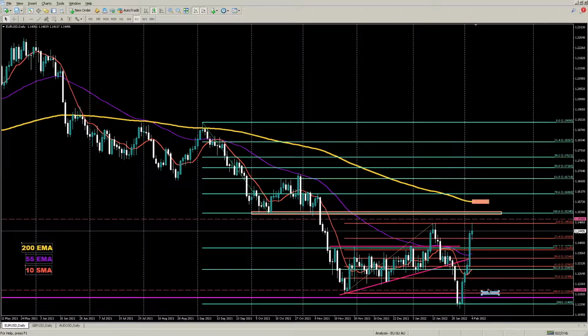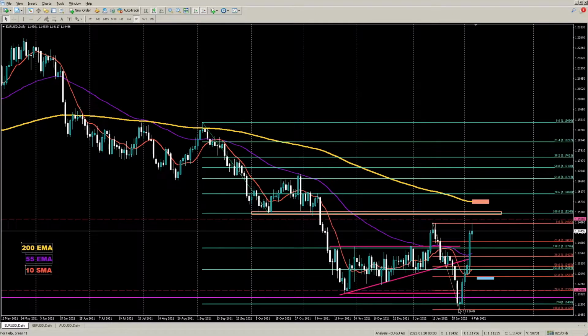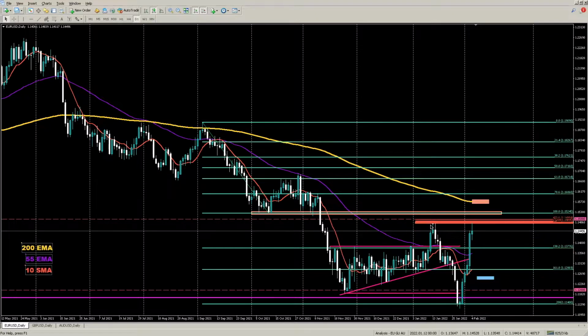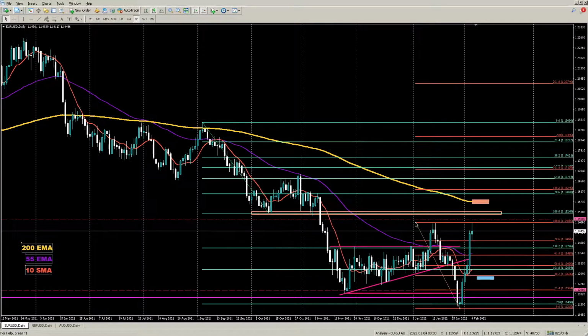Let's move that to this move on Thursday, from the start of that move. So likely at this 78.6 Fib retracement level. All right, and let's move this Fib over here to this swing move down and then back up.